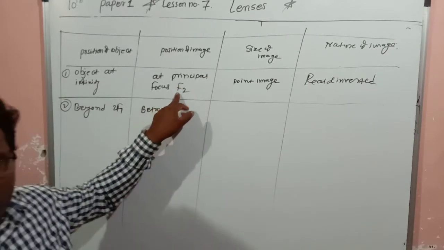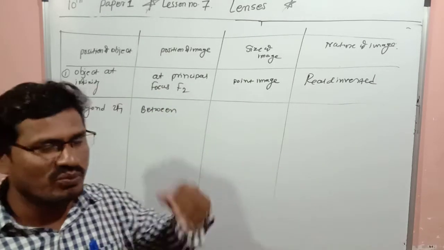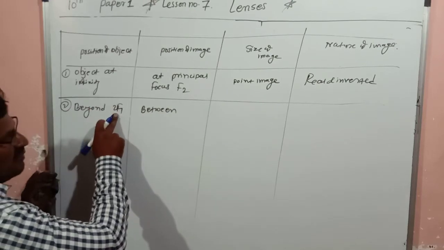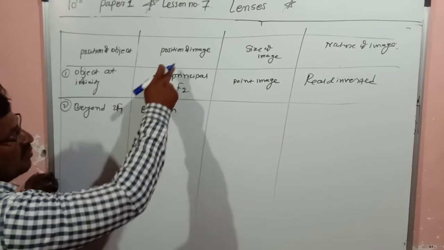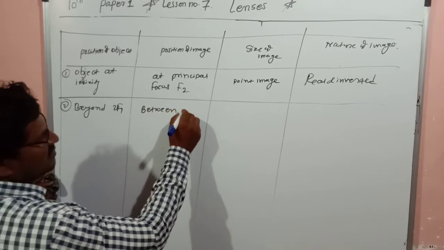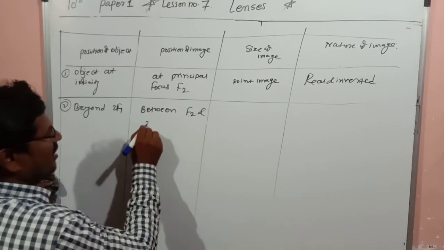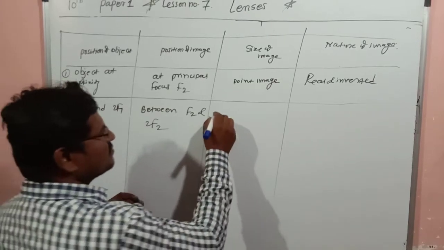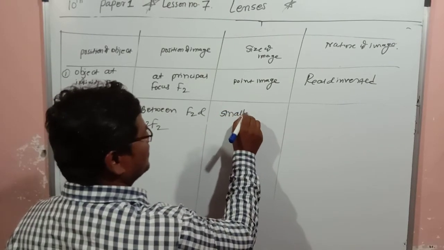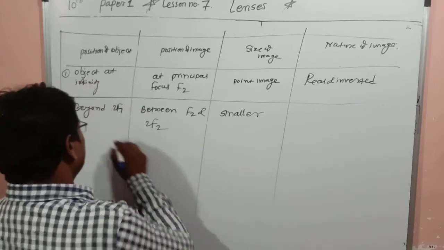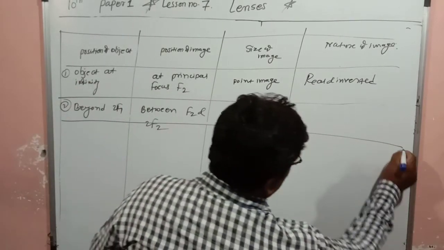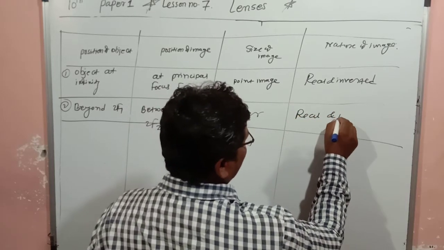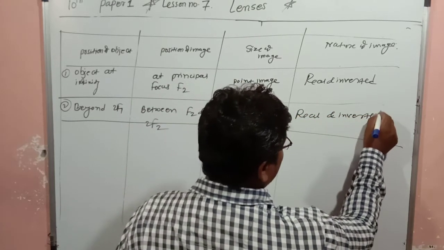By mistake I wrote F1 earlier for the first case, but it will be at F2. And if the object is beyond 2F1, then the position of image will be between F2 and 2F2. Size of the image is smaller than the object, small you can also take. And nature will be real and inverted.